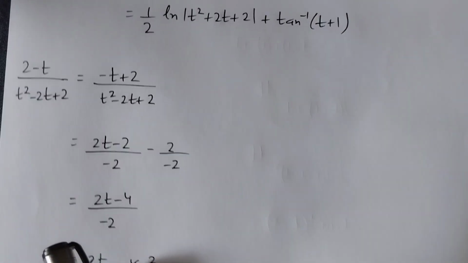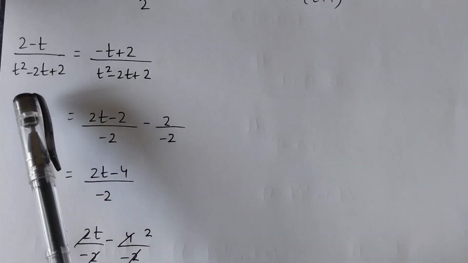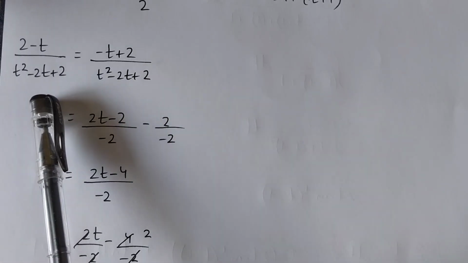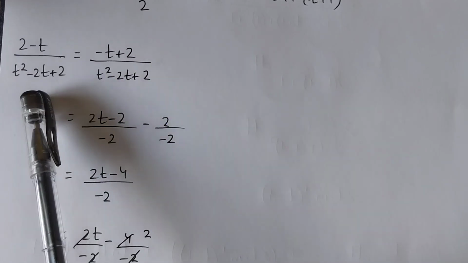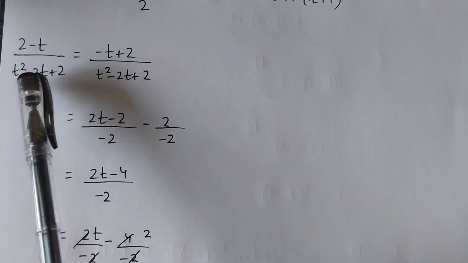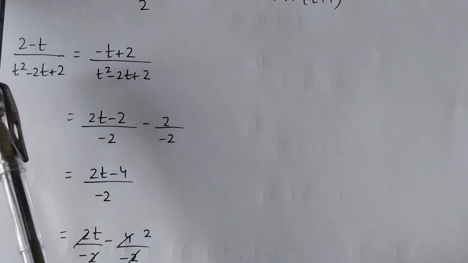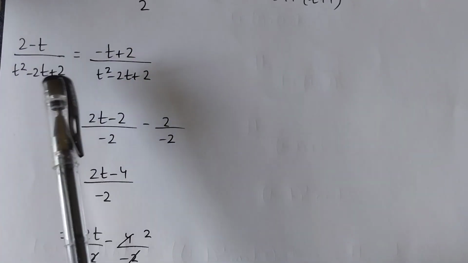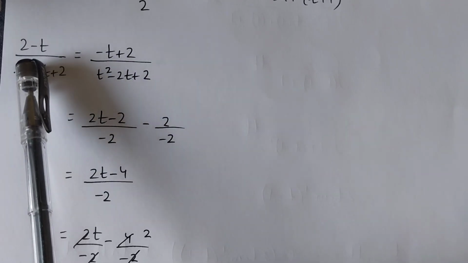So the next expression which we need to find the integral of was 2 minus t over t square minus 2t plus 2. The problem with this expression is that the derivative of the denominator is 2t minus 2, but we have minus t plus 2 in the numerator, and we need to express this 2 minus t in such a form that we are easily able to integrate.